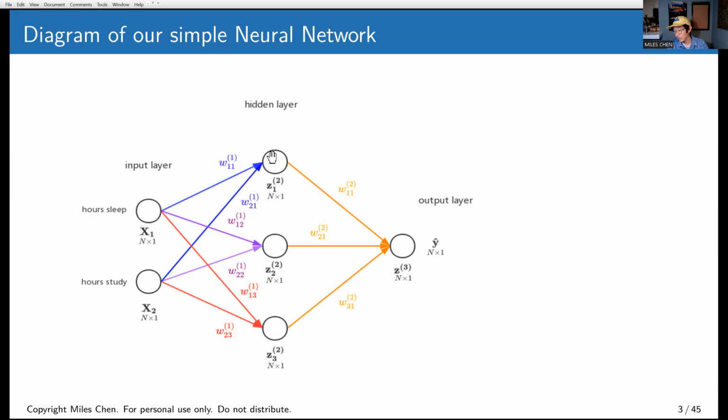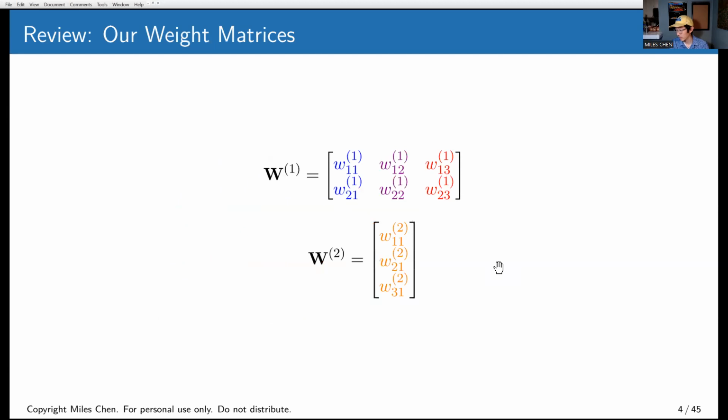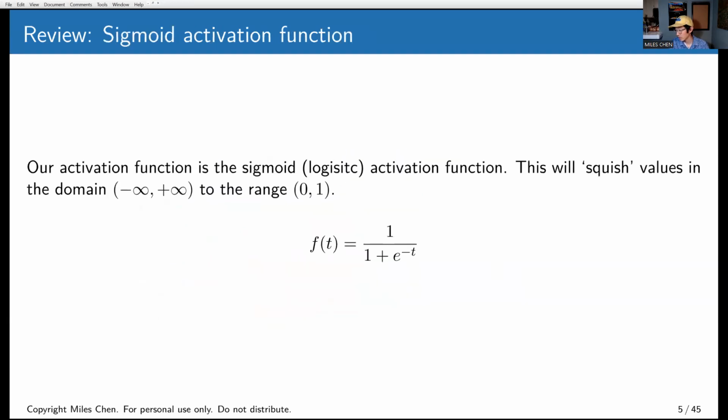And we take the activated values that come out of the activation function, we multiply by another matrix of weights, our second weight matrix. And those combine into one value, and we put it through another activation function, and those become our predicted values.